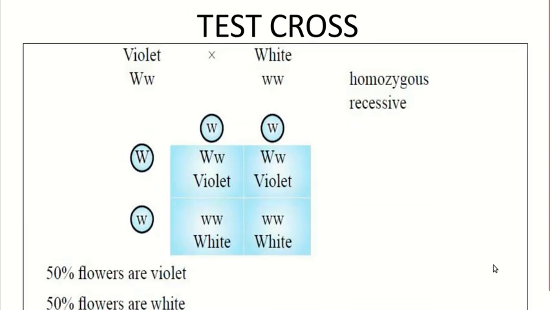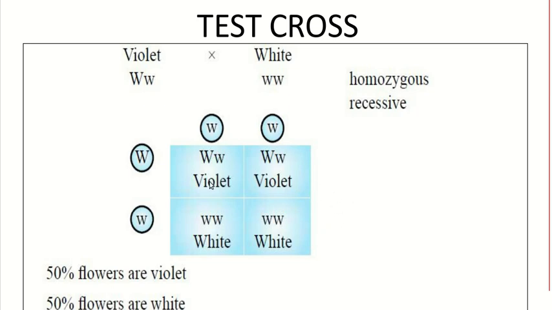The test cross that can be given to find out whether they are homozygous recessive or heterozygous: the test cross involves an unknown parent being crossed with a recessive condition. If the results are 1:1, that is flowers are violet and flowers are white, in this example it indicates that the parent is heterozygous.